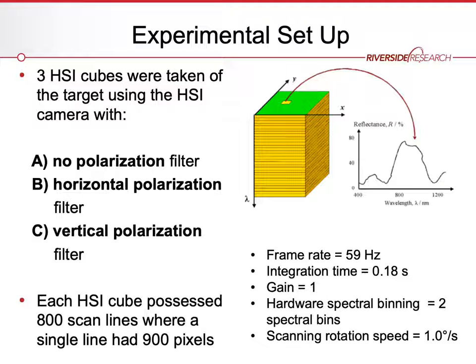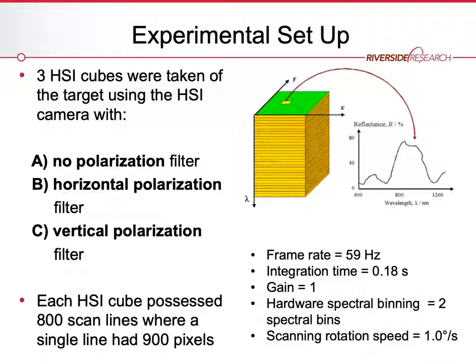Three HSI cubes were taken of the target using the HSI camera with no polarization filter, a horizontal polarization filter, and a vertical polarization filter. Each HSI cube possessed 800 scan lines where a single line had 900 pixels, and the rest of the specs for the HSI camera are shown on the right.